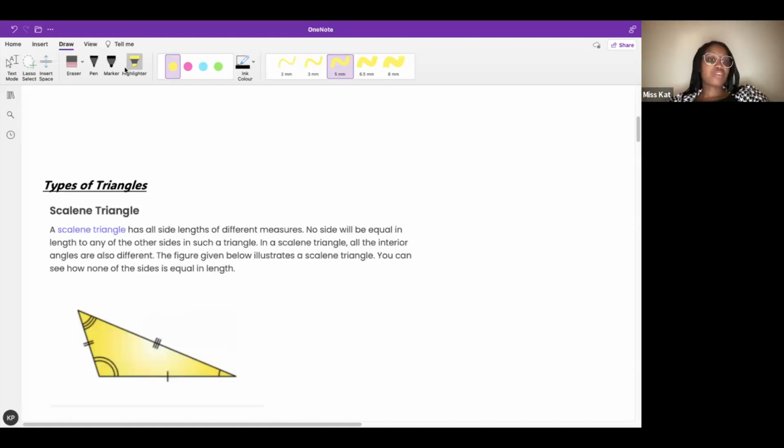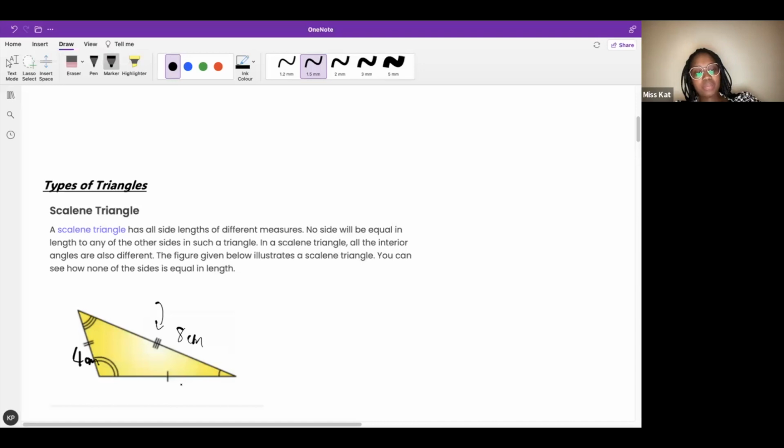If you look at the nice symbols on the sides, they tell you that all sides have different lengths. So for example, this could be 4 centimeters, this could be 8 centimeters, and this could be 5 centimeters. The lines tell a story, and my learners at school ignore all of them.